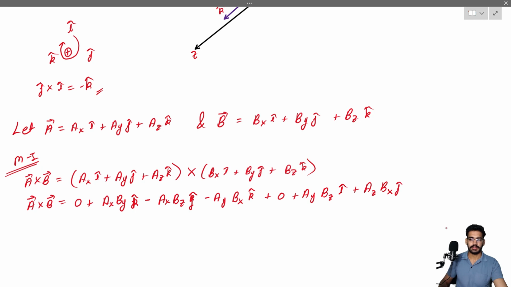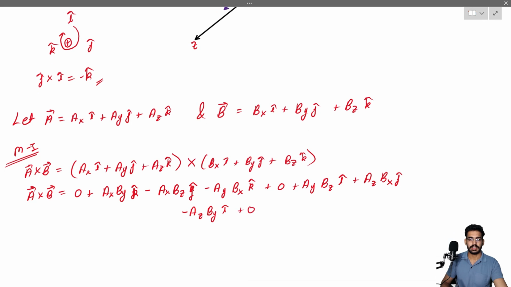Plus next quantity, k cross j, opposite, so negative: minus az by i cap. Next, k cross k is 0, so plus 0.